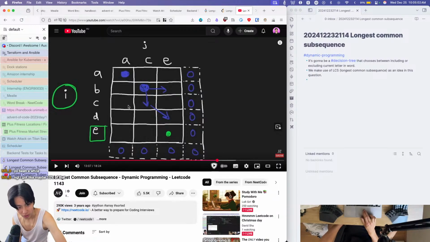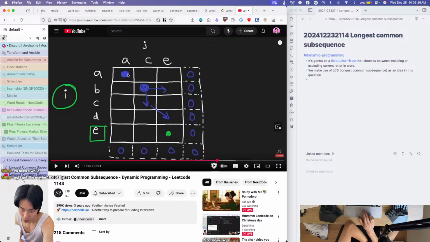And then you keep on doing this, and that's how you get the final answer. So you would continue doing all these subproblems, all the way bottom up until you reach A and A. And once you reach A and A, it becomes the problem that we're trying to solve. It's still a subproblem, you can think of it, but it's also the problem.